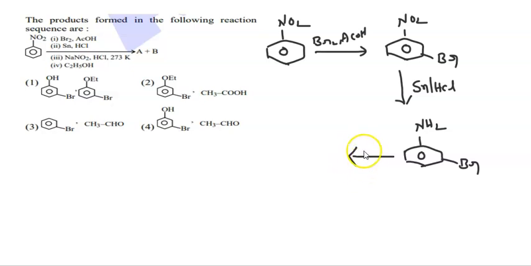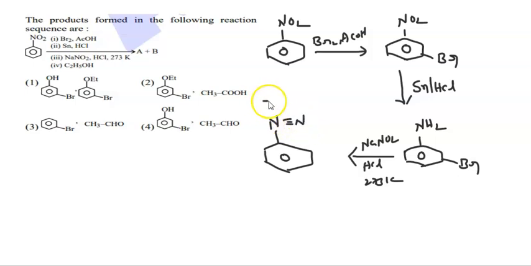This m-bromoaniline, on reacting with NaNO2 and HCl at 273 K, undergoes diazotization. The primary aromatic amine like aniline undergoes diazotization to give benzene diazonium chloride, with the Br still here.